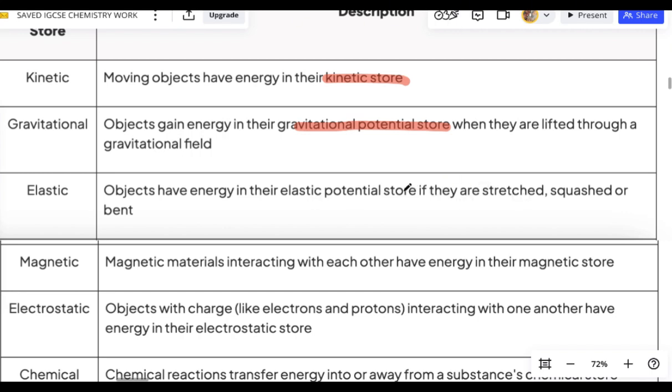If you take a rubber band and stretch it, you have energy in its elastic potential store, and also when you squash or bend objects.